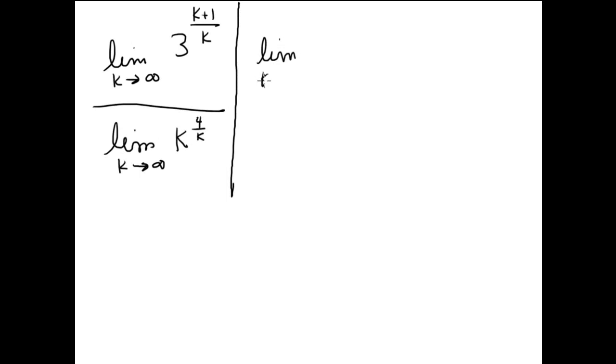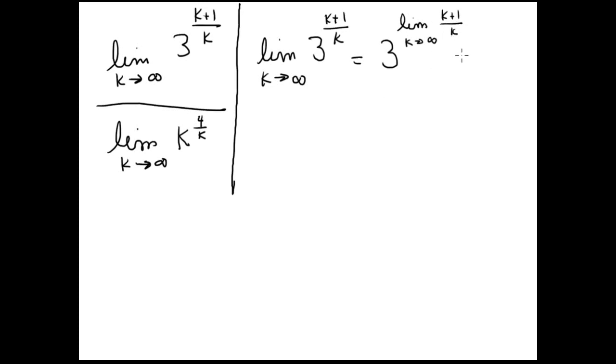The constant is independent. It's equivalent to saying 3 times the limit as k approaches infinity of (k plus 1) over k. And the value of this limit is 1. That's 3 to the 1 power. This is relatively easy. The other is a little bit more complicated.